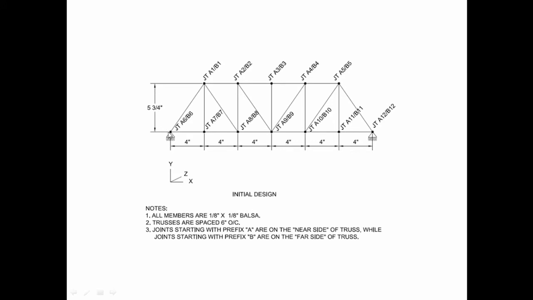We need to allow for the thickness of the material at the top and the bottom of our bridge, or another 1.5 millimeters at the top and the bottom. If we were to use just 150 millimeters or 5.9 inches as our height, when we actually go and build our bridge, we would exceed the maximum height allowed by about 3 millimeters.